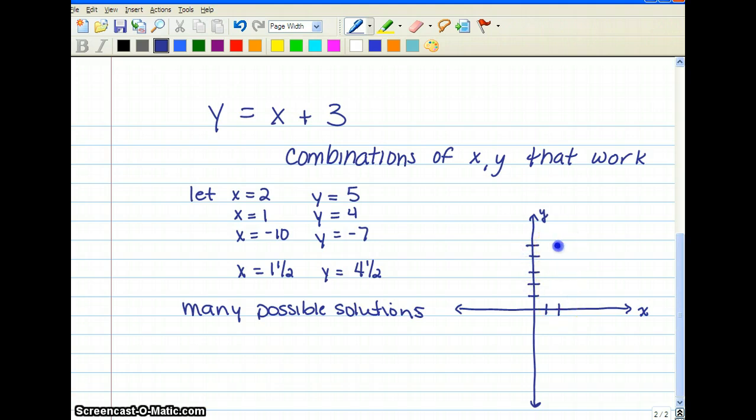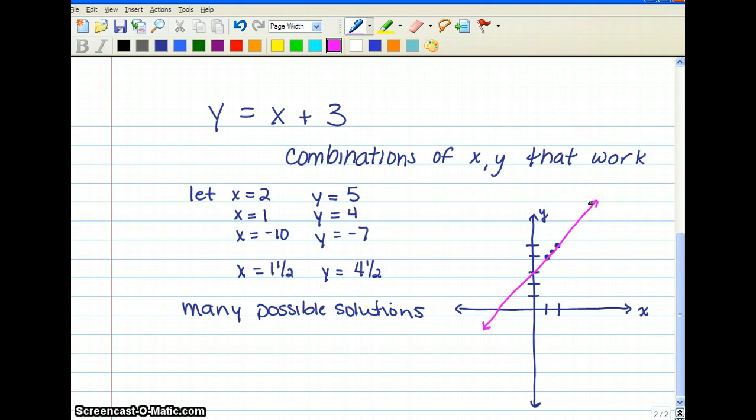So 2, 5 works. 1, 4 works. I don't really have room to do -10. So I'll do 1.5, 4.5 works. And what you'll see is that you'll start to create numbers all along a line. So if we connect all those dots, we would get all of these answers.